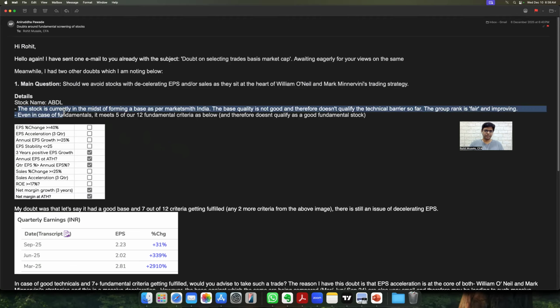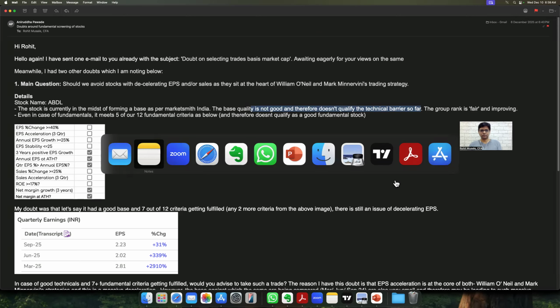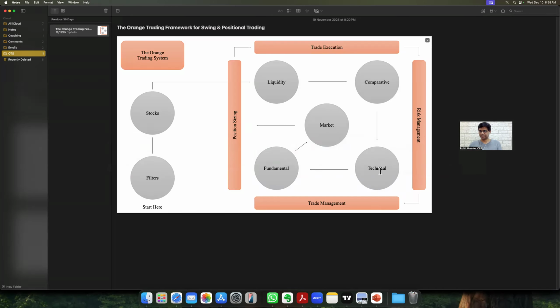The stock is currently in the midst of forming a base as per MarketSmith India. The base quality is not good and therefore doesn't qualify the technical barrier so far. So now he's talking about the technicals. You see, all of my subscribers, all of my students, when they speak about a stock, they're eventually referring to this model here.